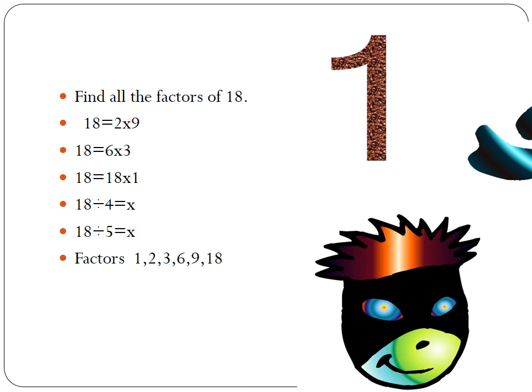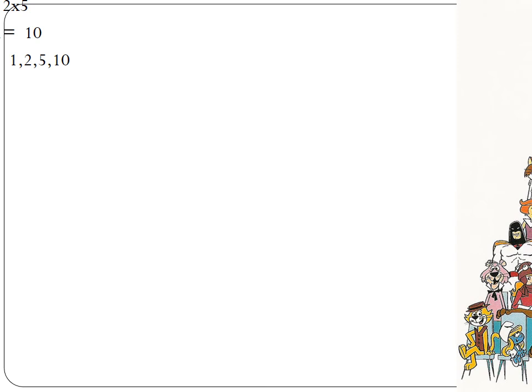That's why the factors are 1, 2, 3, 6, 9 and 18, which can divide 18 completely.